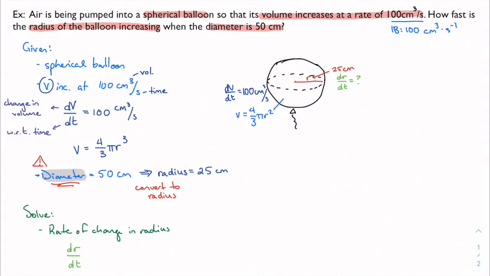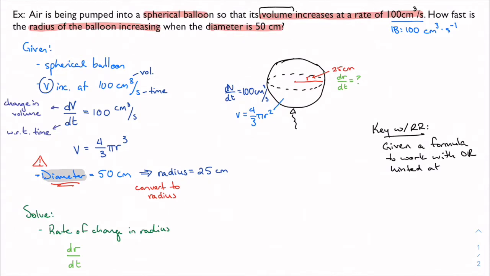The key with related rates is that you're usually given a formula to work with, or it's hinted at. So either they explicitly give you the formula, or in this case, they're talking about volume, so maybe that's important to work with.